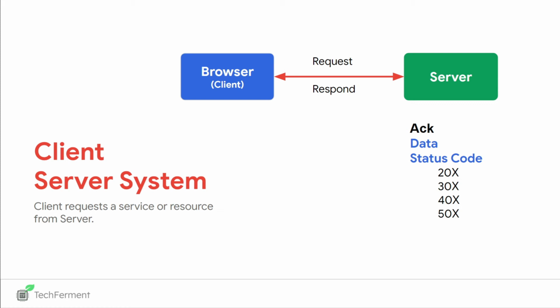So basically the server will respond with the data as well as a status code, like 201 or 20x, and 30x, or 40x and 50x. We'll talk about these status codes in the backend development part.